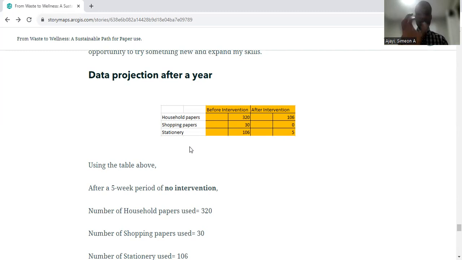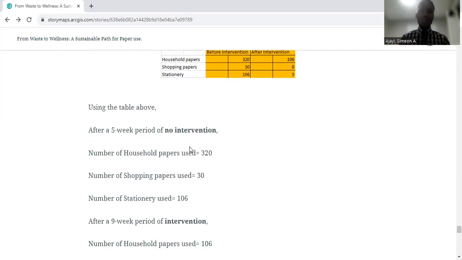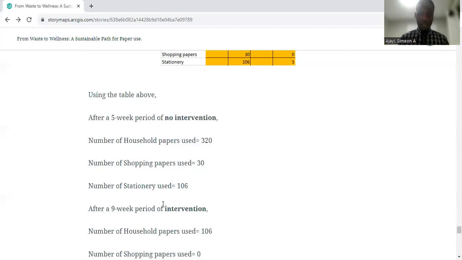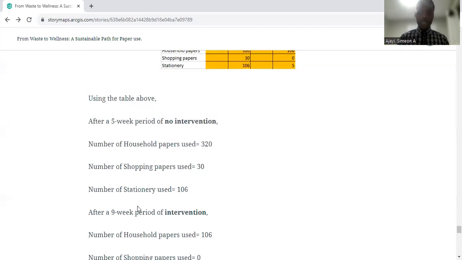All right, so this is why I use this particular table, this data, to do my data projection after a year. Using this table above, after a 5-week period of no intervention, I noticed that I used a total number of 320 for the household papers, and then 30 for the shopping papers, and then 106 for the stationery that I used.